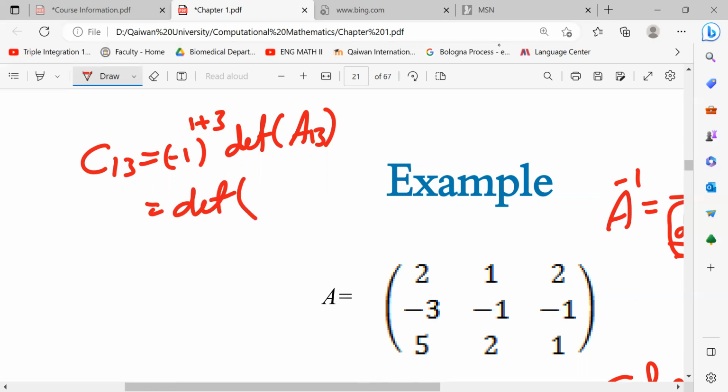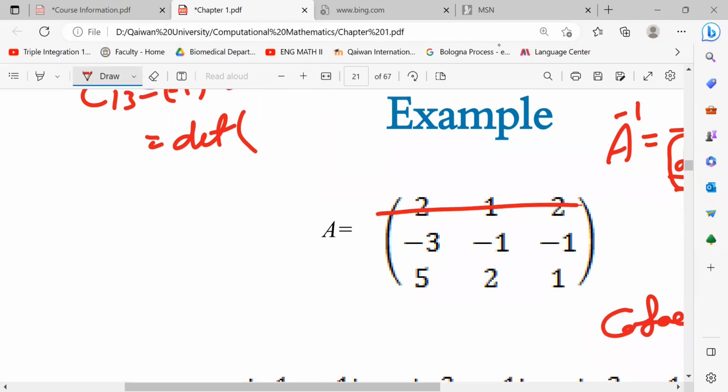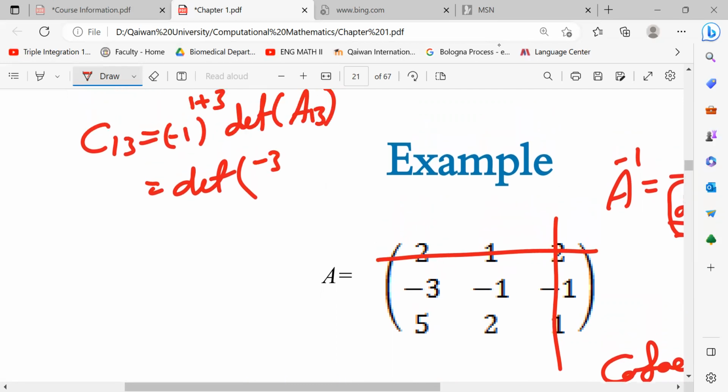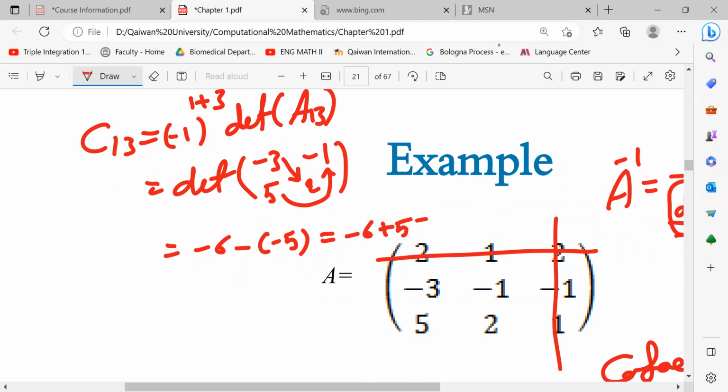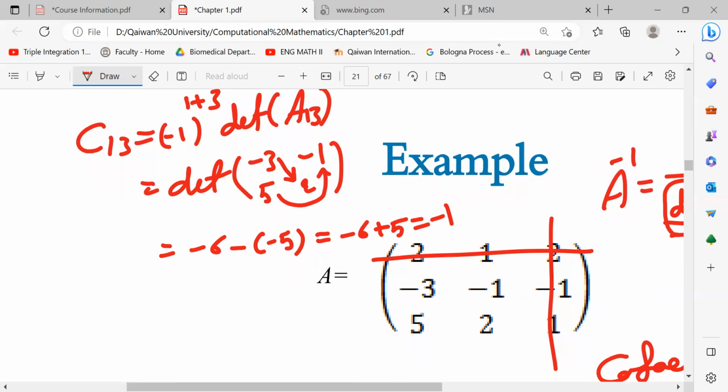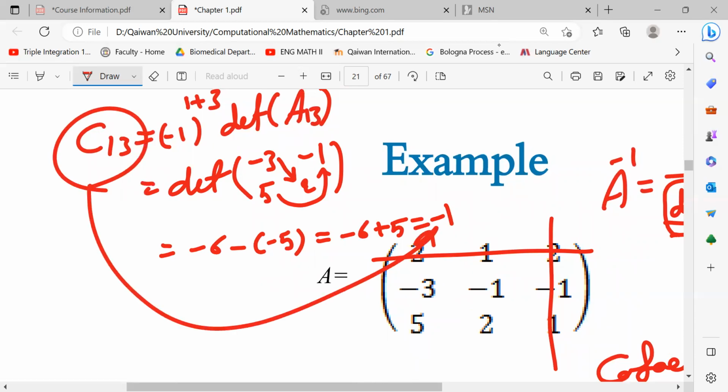We find this submatrix by removing the first row and the third column. We get -3, -1, 5, 2. We find this determinant. Multiplying these two is -6, minus multiplying these two, which is -5. And we get -6 plus 5, which is -1. And C13 is -1.